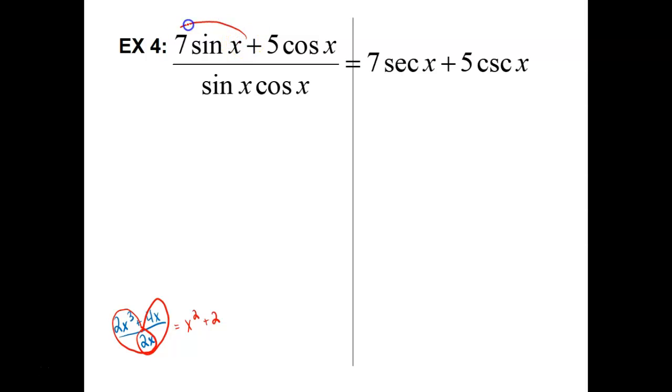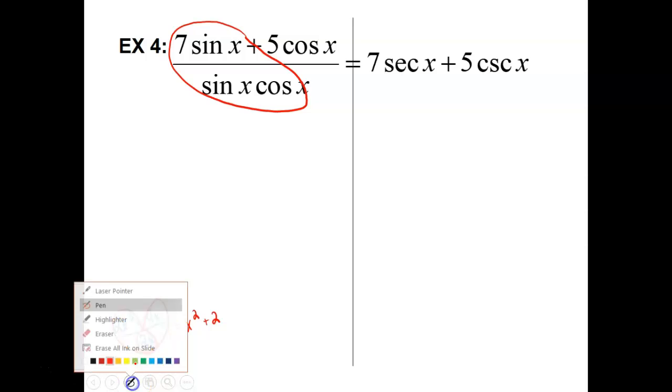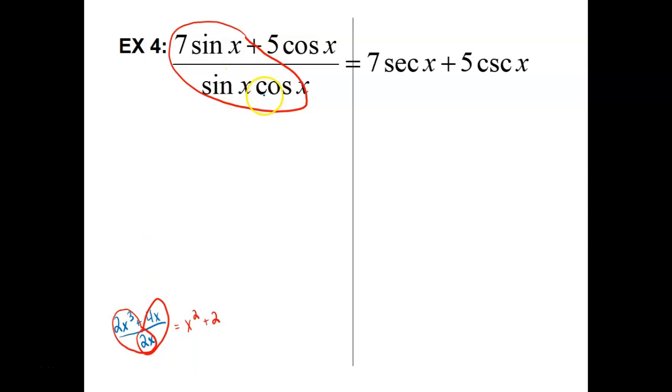So if we do the love connection here, we would divide 7 sine x by sine x cosine x. And I'm going to write that out because that's way more complicated than the other stuff. So 7 sine x over sine x cosine x.